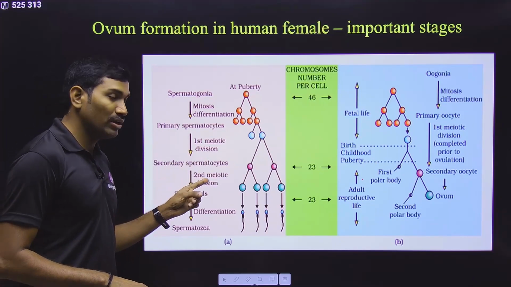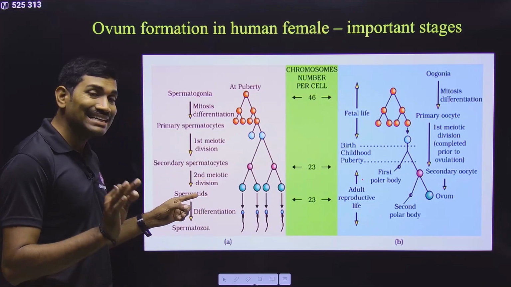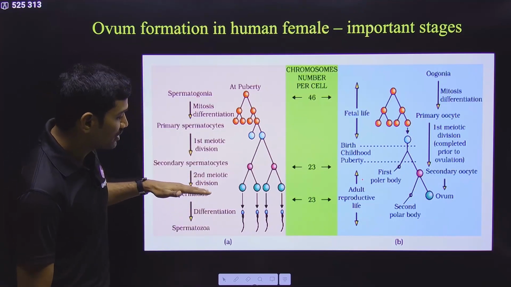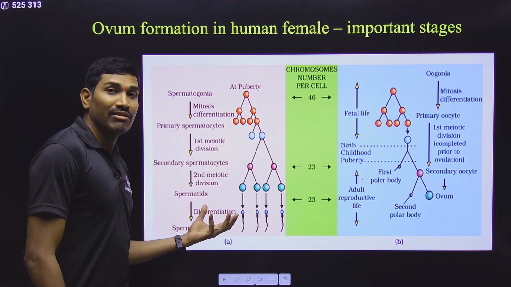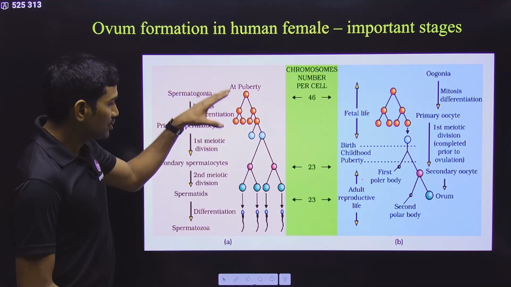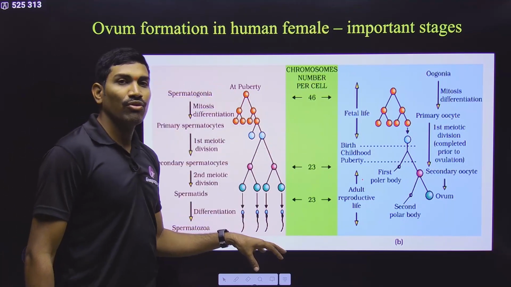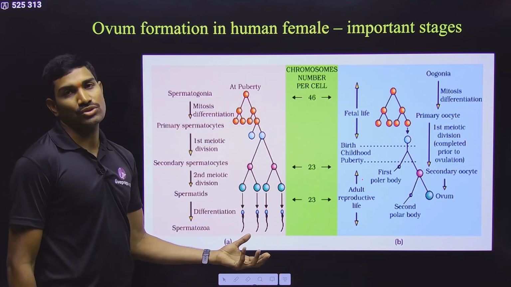Again they undergo the second meiotic division, producing haploid spermatids. These haploid spermatids undergo differentiation to form haploid spermatozoa. In spermatogenesis, from one primary spermatocyte, 4 spermatozoa are produced.